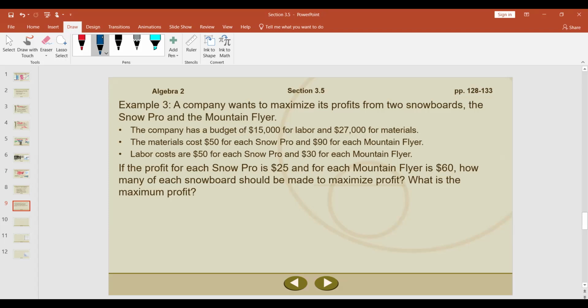All right, so the first thing we need to do is define the function for profit and the quantity that is to be maximized.